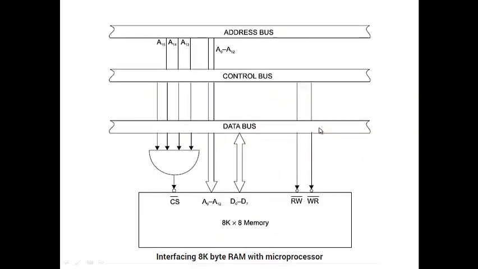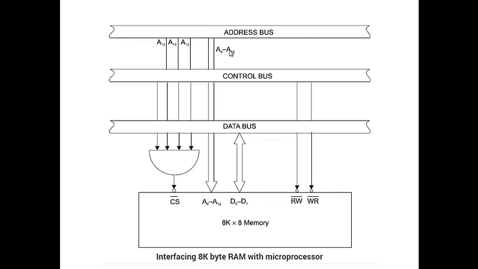So this is an example of connecting an 8K 8-bit memory. This 8K indicates the size, and this 8 indicates it is 8-bit. Now you should know the required number of lines for connecting an 8K memory. It is so easy: 2 to the power 13.